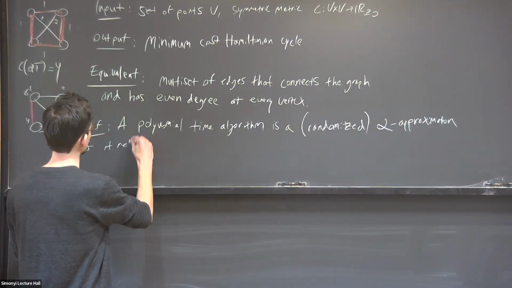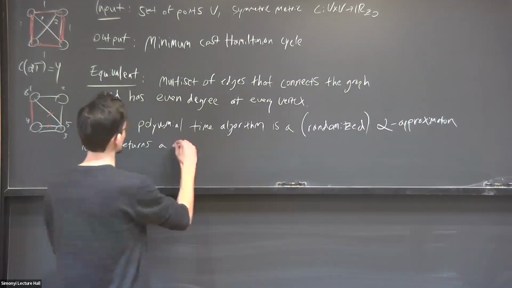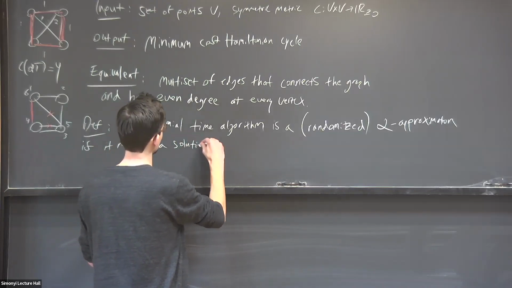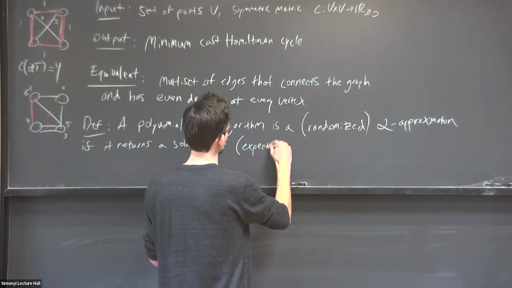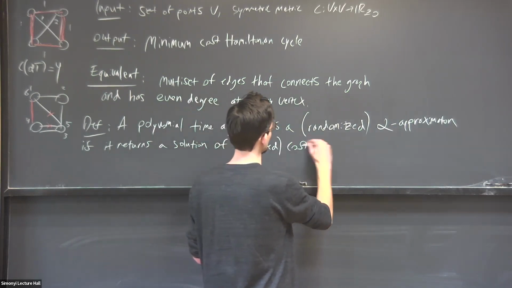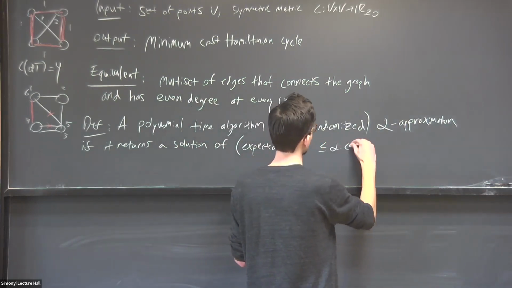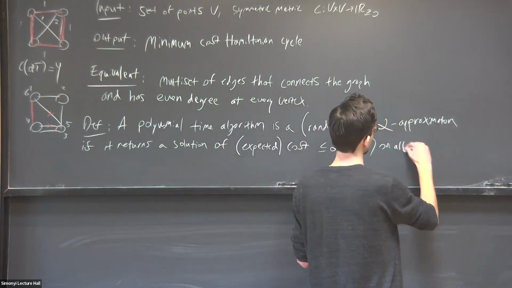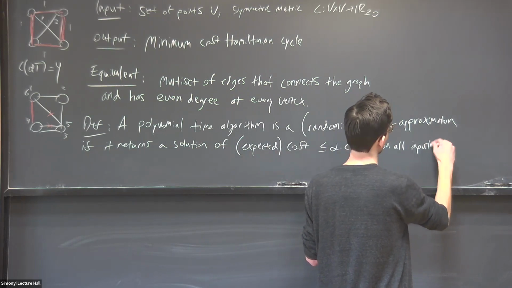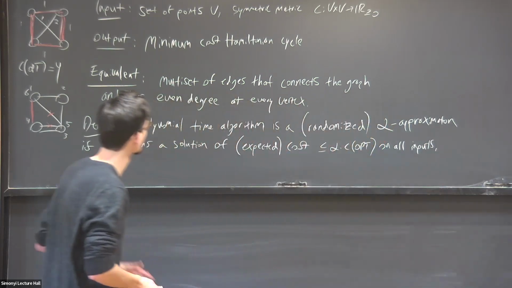it returns a solution of cost at most alpha times the cost of the optimal solution on all inputs. Okay.